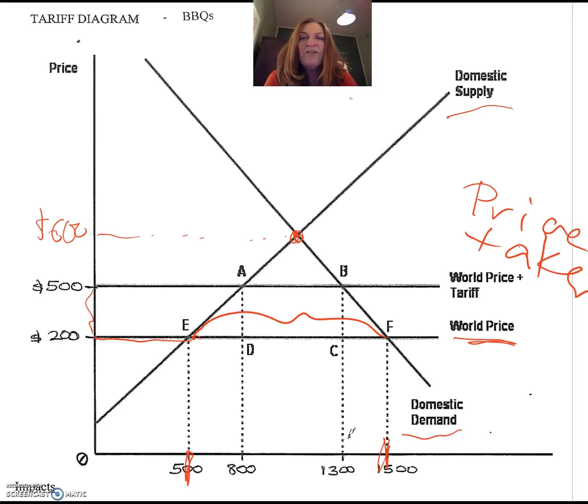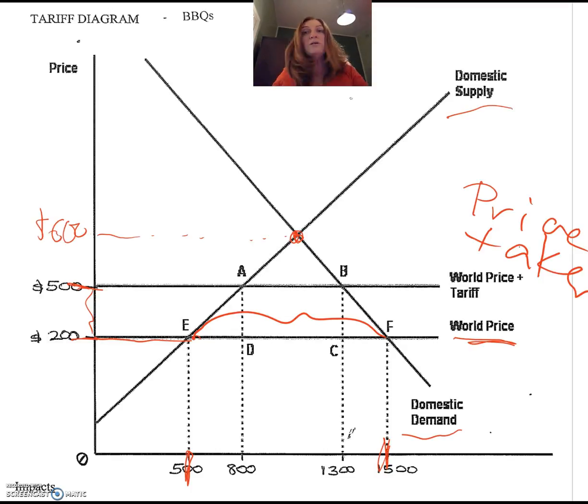So before the tariff, the price was $200. After the tariff, the price is $500. So we start seeing immediately that there are some impacts of this tariff. And this is the beauty of the tariff diagram, is that it just shows you these impacts, and it makes it really easy to explain the effects of a tariff.